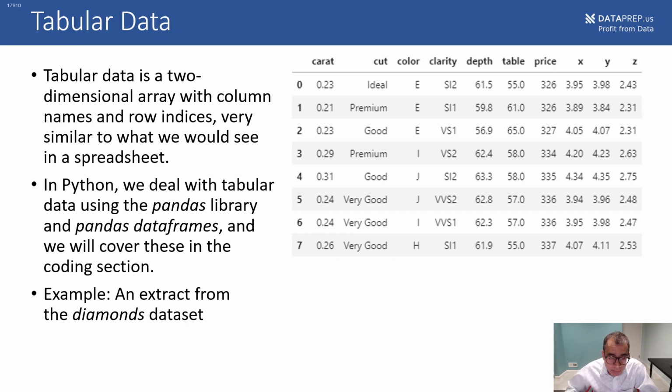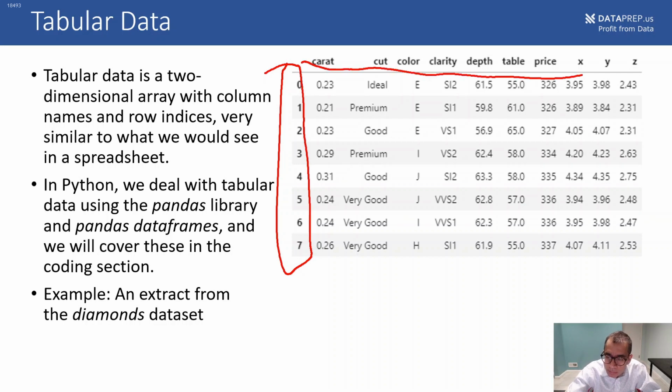So again, our trusted diamonds data set, where we have 50,000 plus diamonds, and what you see here on screen is the first 8 elements. And the items in bold here on the left, these are the row labels, and these are the column names.